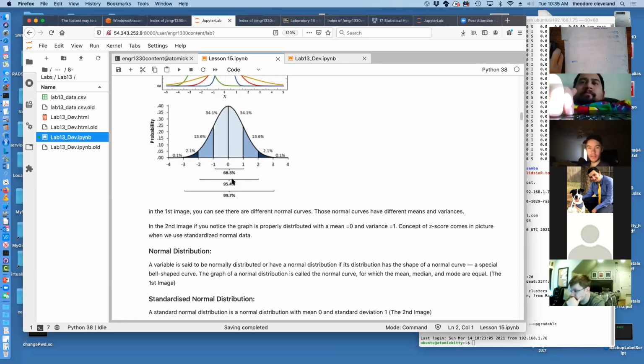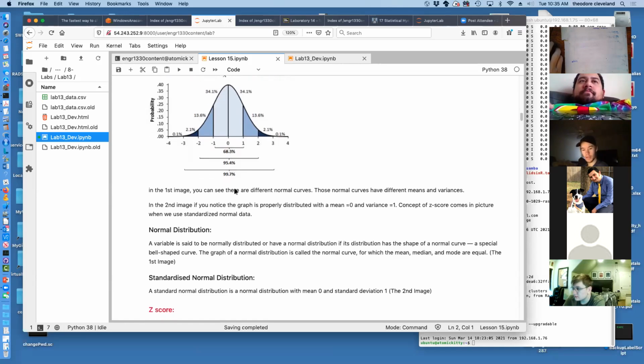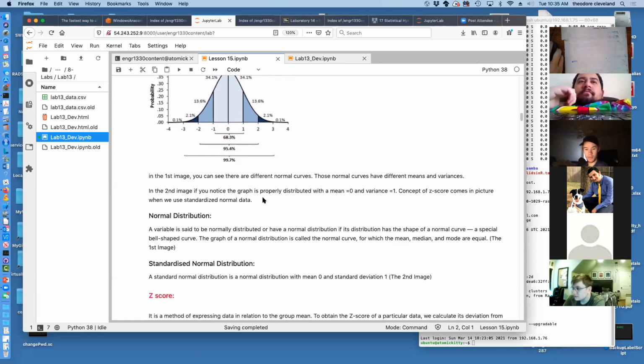If we go between -2 and 2 standard deviations, we can explain 95%, plus or minus 3 standard deviations, 99%. So that's the whole 6 sigma thing that was used in Japan to make awesome Toyotas.